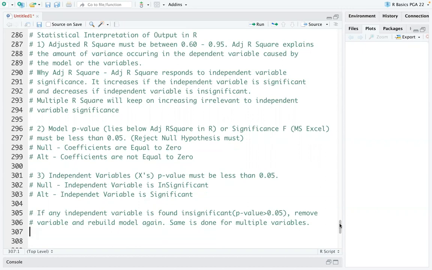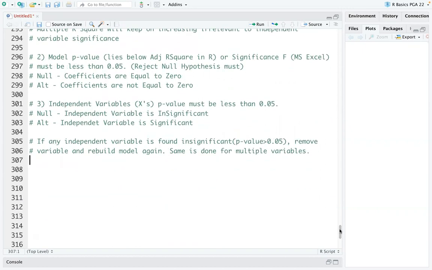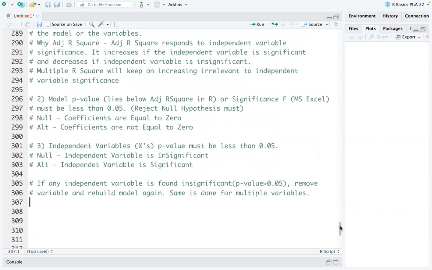Okay, now these are the outputs which you need to understand. Once these outputs are understood, then only we will be able to know whether the model has been perfectly built or not.